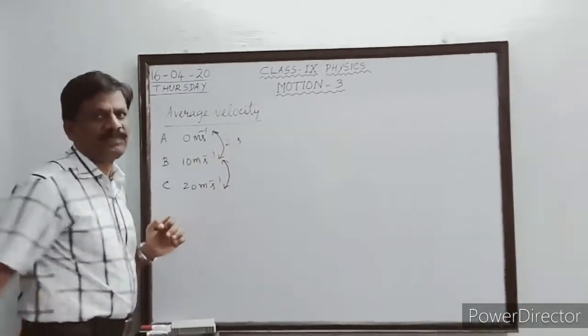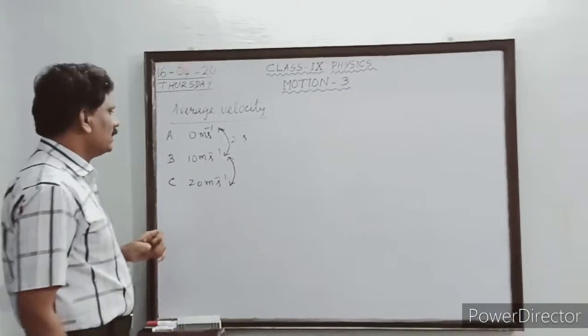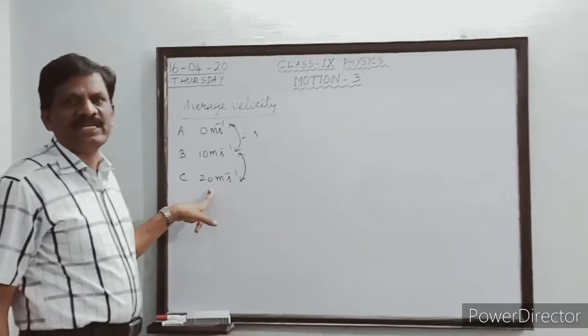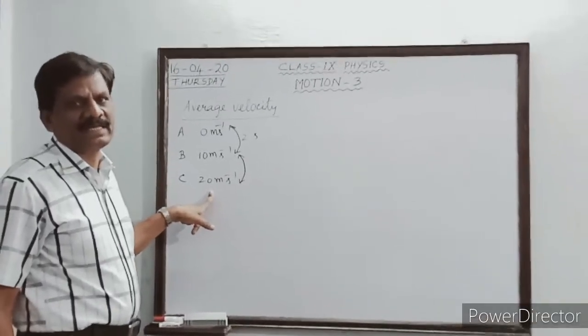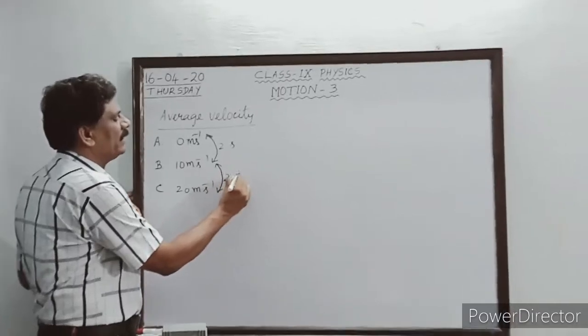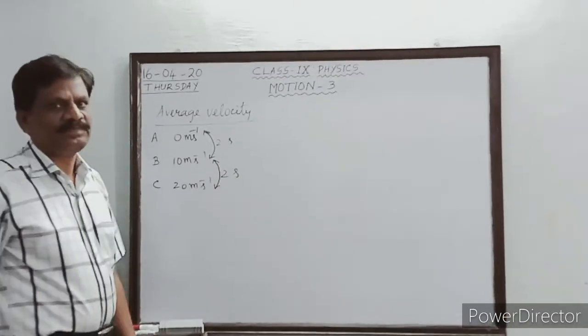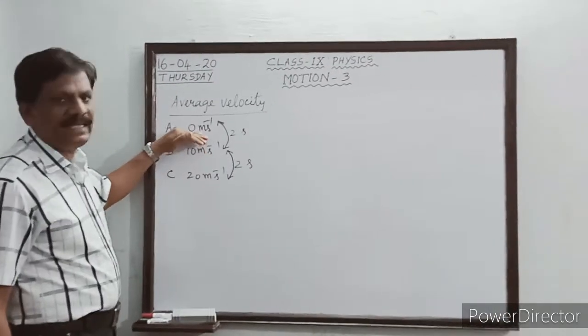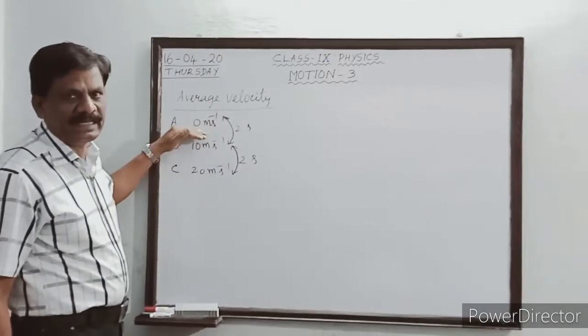say for example in 2 seconds. Understand that? Then when it reaches the point C, its velocity has changed to 20 meters per second. For B to C also it has taken 2 seconds. So 10 minus 0 is 10.